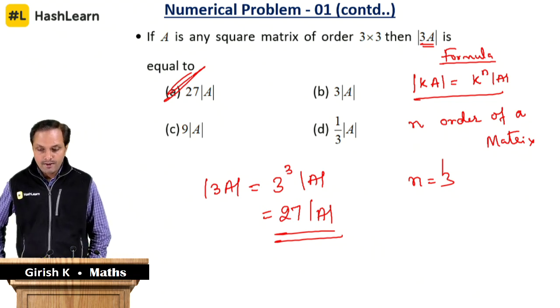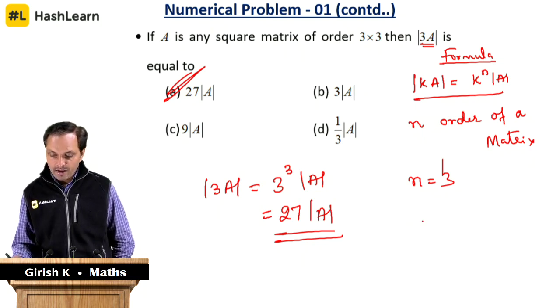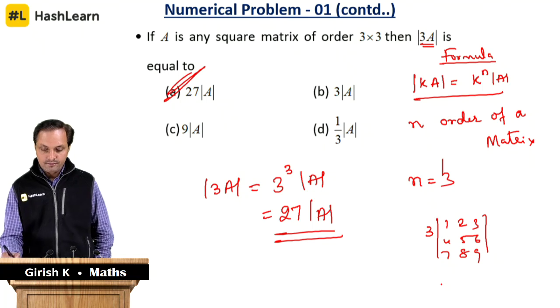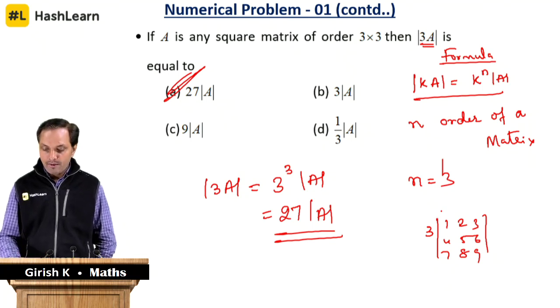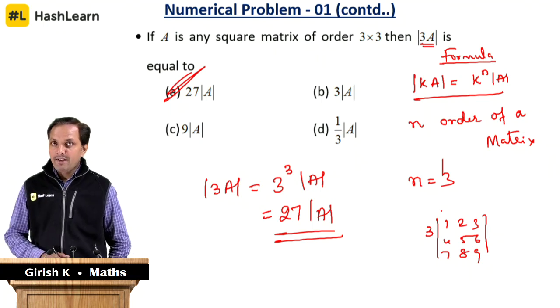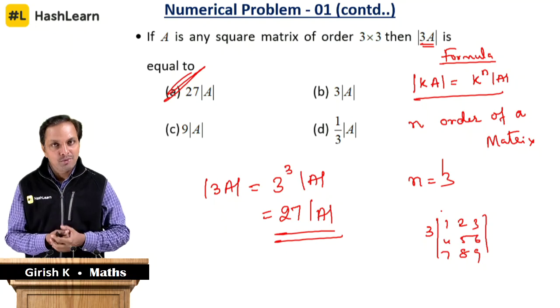You can use that formula directly, or you can think this way also. See, whenever a number is multiplied with the matrix, it will be multiplied to each element. If it is multiplied to each element, you have to take 3 common from row 1, 3 common from row 2, 3 common from row 3.